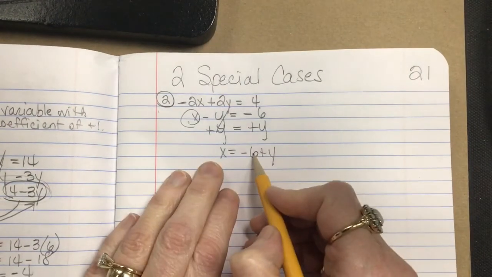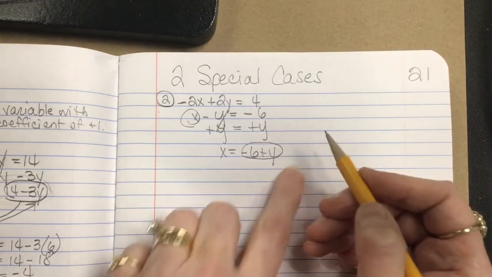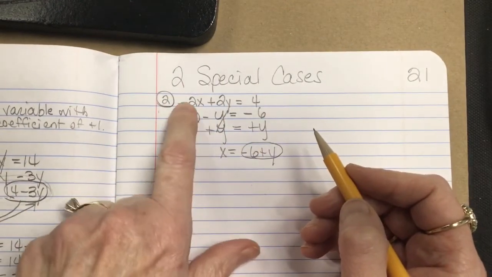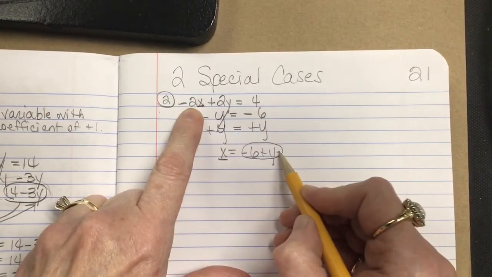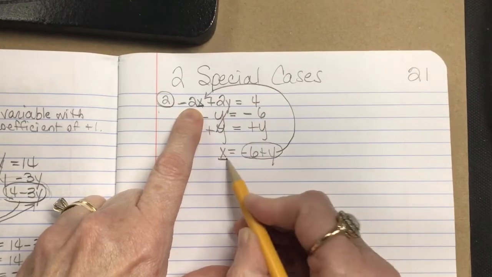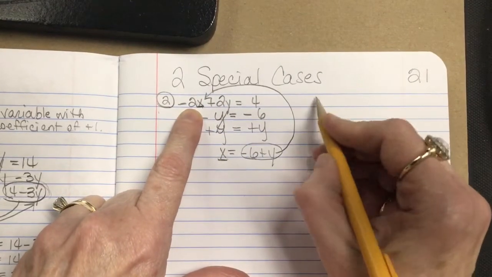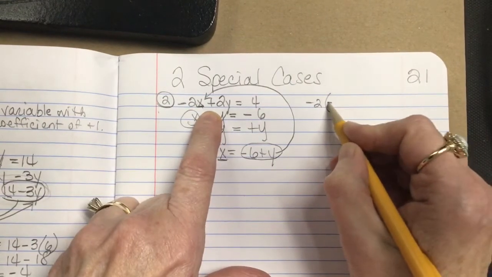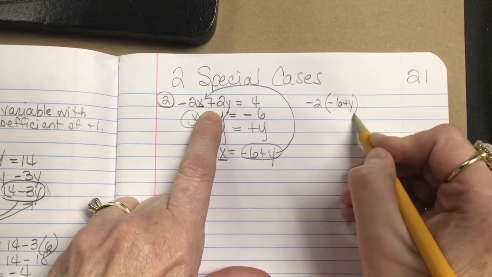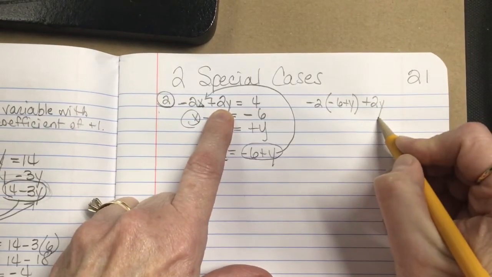So now it says in step 2, take that expression, go back to the other line. So we go back to this one, and so everywhere we see an x, right here, we're going to put -6 plus y. So I'm going to do it right here. -2, open parentheses, -6 plus y, and then bring the 2y, as we talked about going to the ball game.